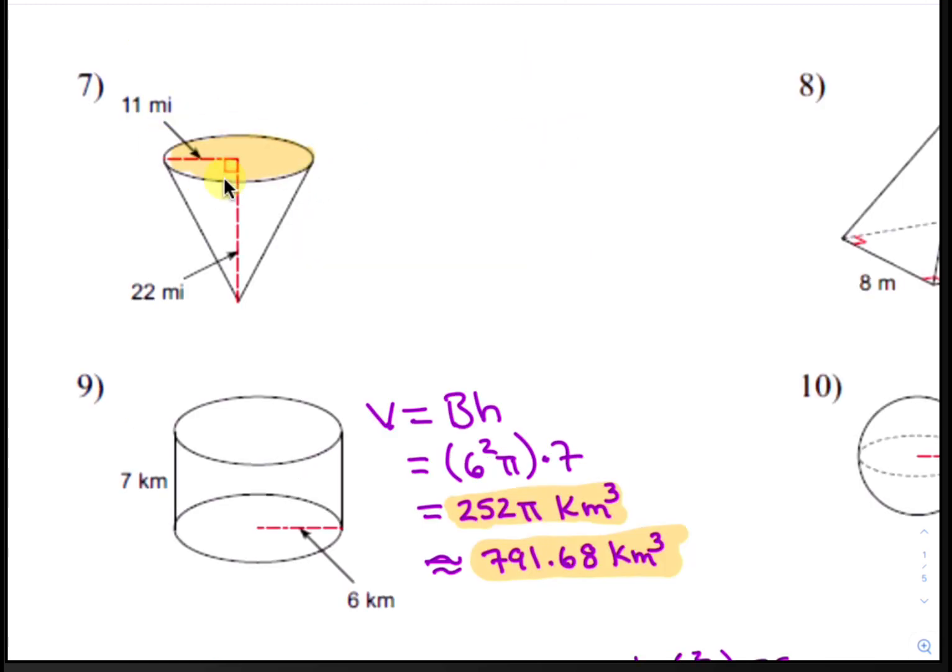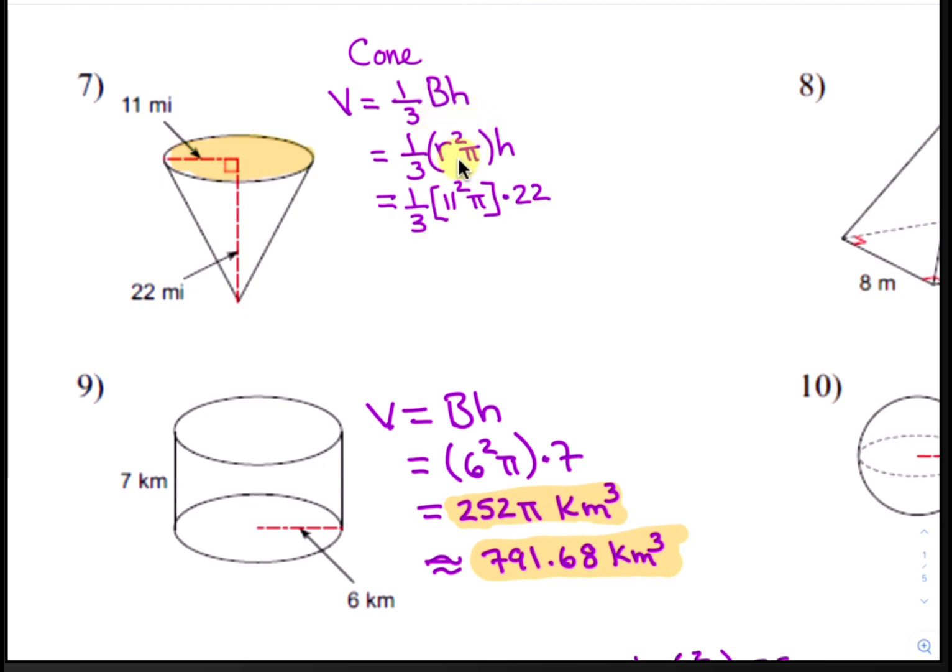All right, here's number 7. The shape is a cone, and the formula is 1/3 area of the base times the height. Now the base is a circle, so we have to use the circle formula, which is r squared pi. That is the area of a circle. Now the radius is 11, and the height is 22, so we have the 11 squared pi here times the 22 on the outside.